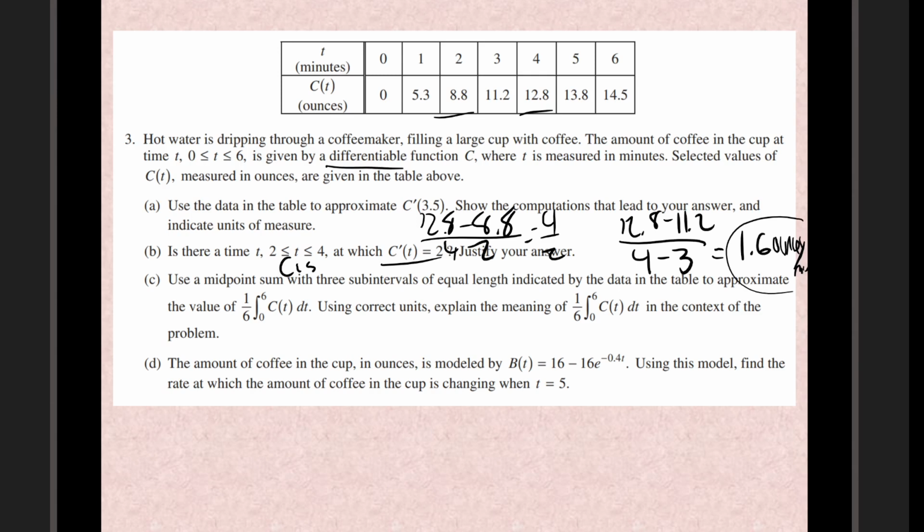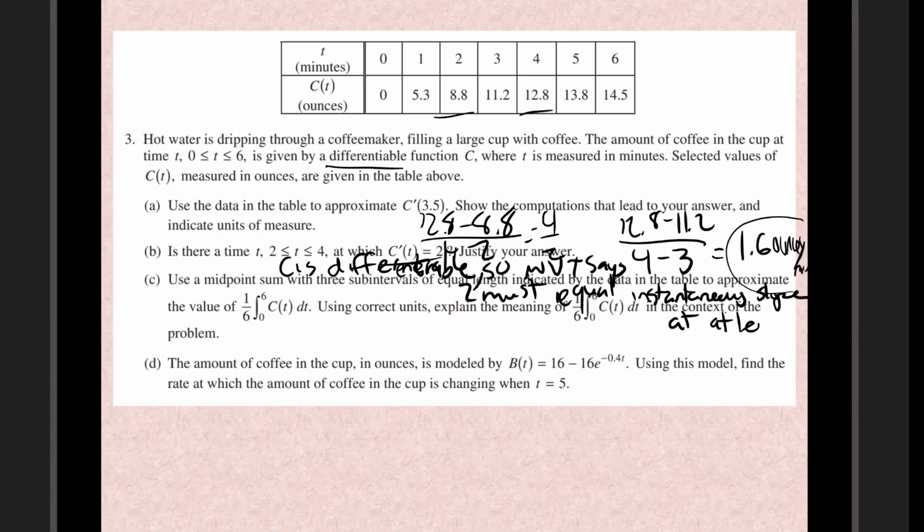C is differentiable. So MVT says the average slope 2 must equal the instantaneous slope at at least one value of t.